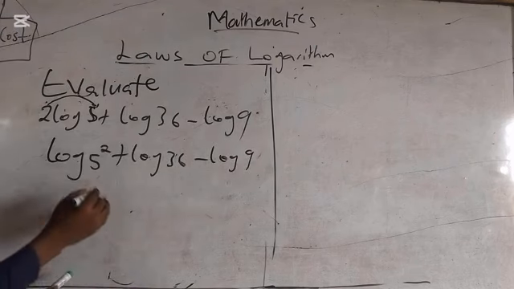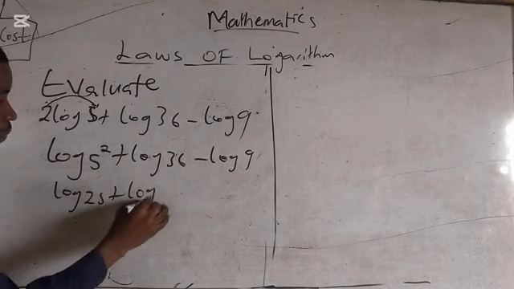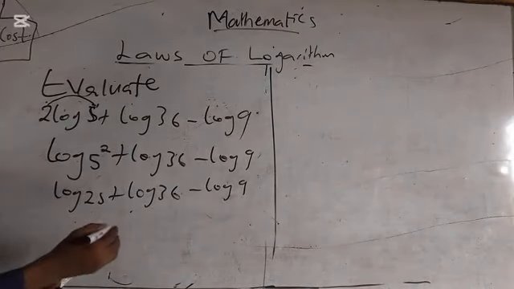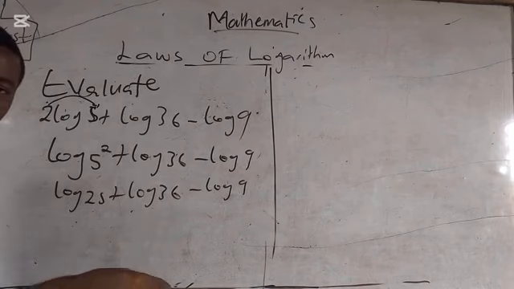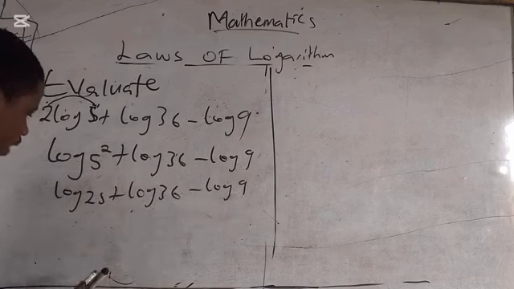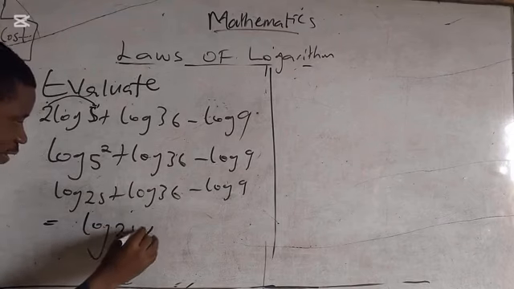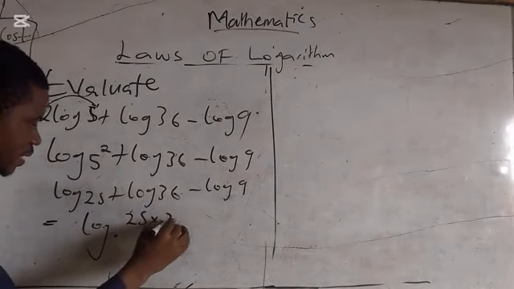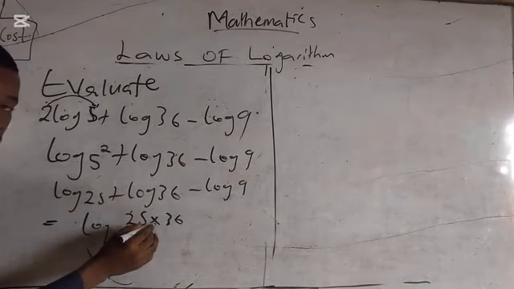After I have done that, what is 5 raised to power 2? It is 25, plus log 36 minus log 9. Okay, I can now apply the addition law and the subtraction law, so that I now have log 25 times 36, because of this addition I turn this to multiplication.